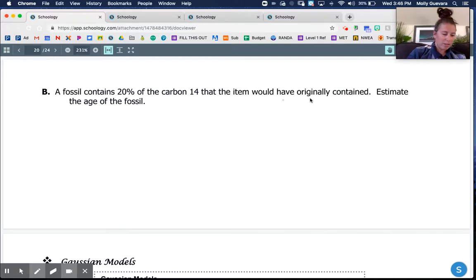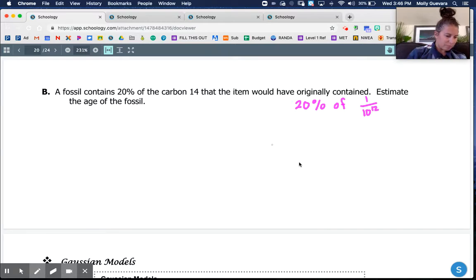So 20% of the carbon-14 that would have originally been in the fossil, which is my 1/10 to the 12th.